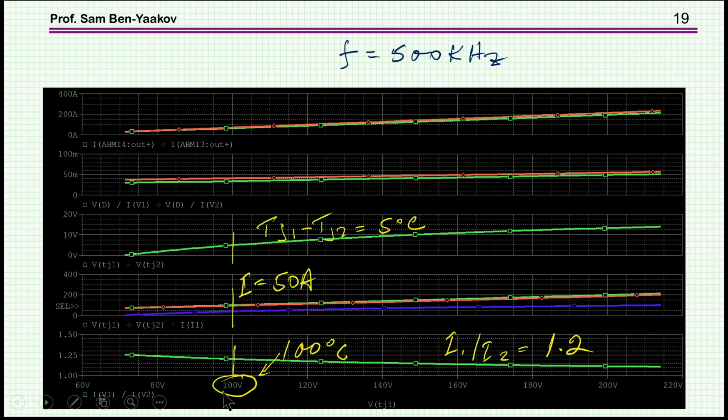So here at 100 degrees, I already have a temperature difference between the junctions of 5 degrees, and that's at a fairly low current of 50 amp. So we see that as the balance between the power dissipated by RDS(on) and the switching energy loss changes, of course the picture changes completely.